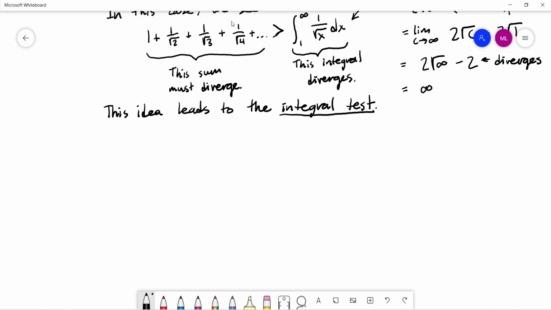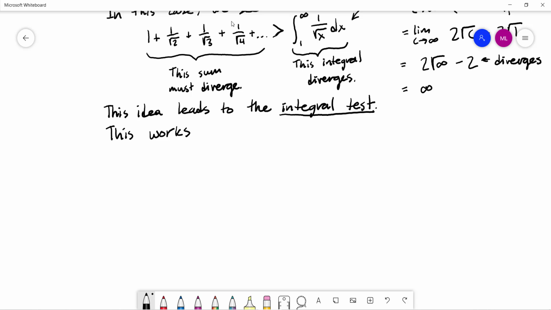So this integral test works basically whenever we have a continuous, positive, and decreasing function, f of x.